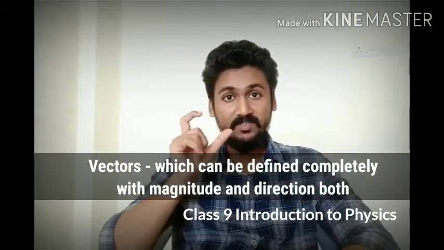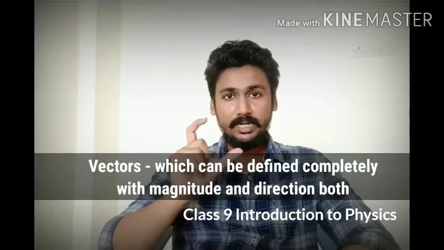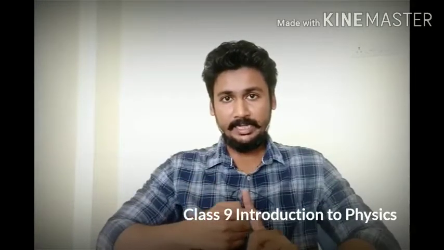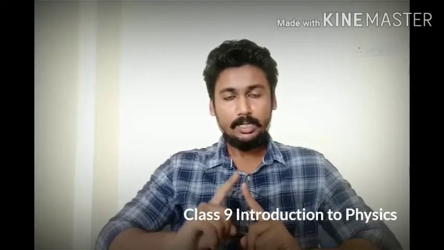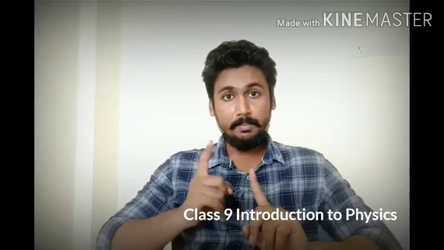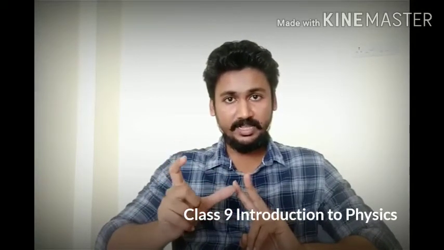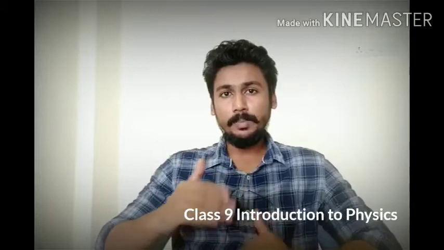So when we want to define force, we need to know the direction as well. Such quantities are called vector quantities. Once again, quantities which can be defined only with magnitudes will be called scalars. Quantities which need magnitude as well as direction so that we can define them are called vectors. As we go along, we are going to see this particular topic in more detail.